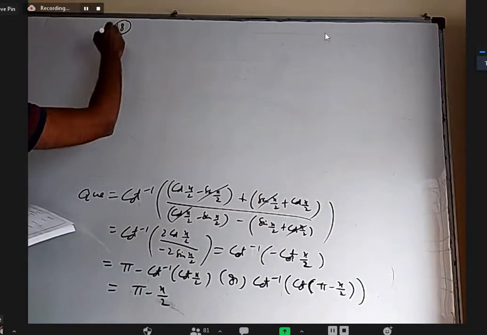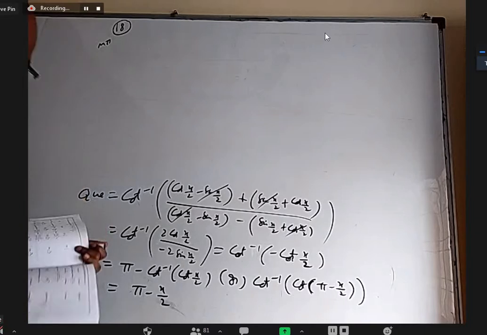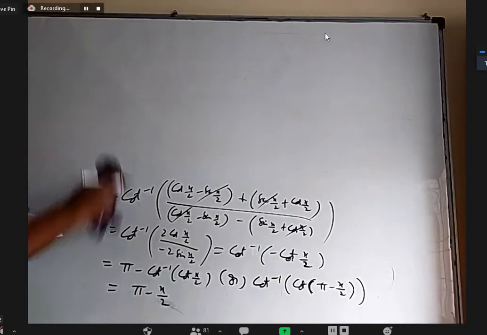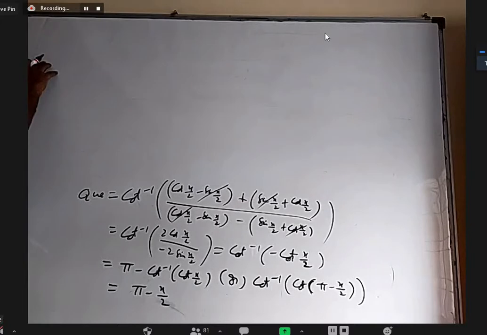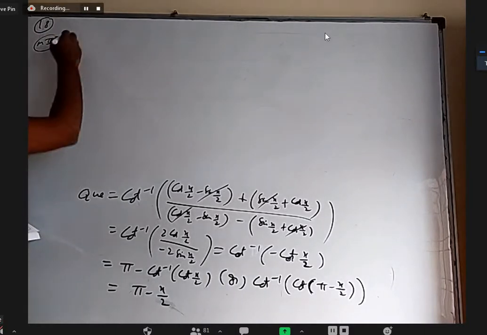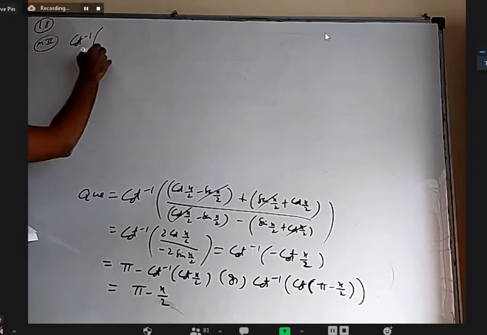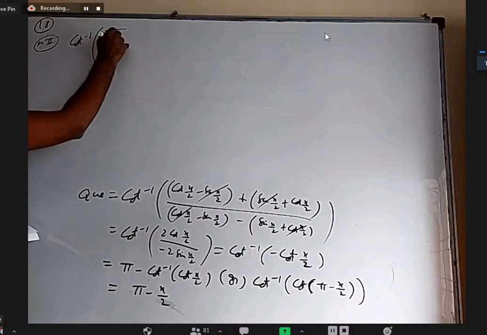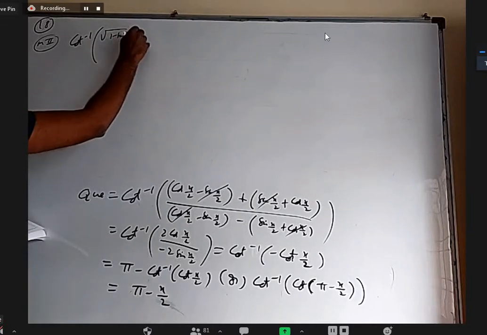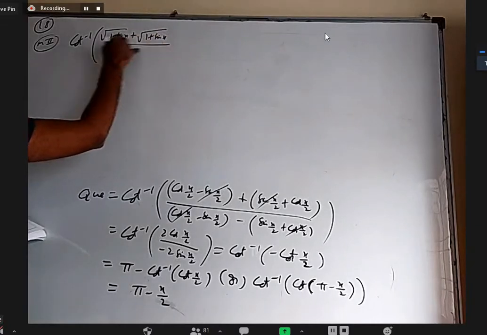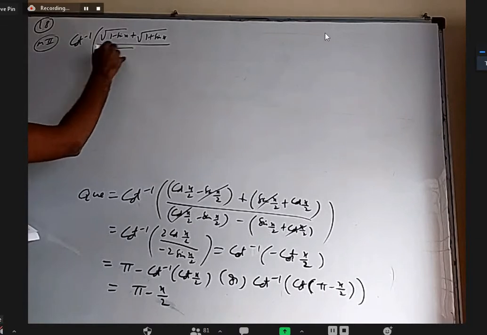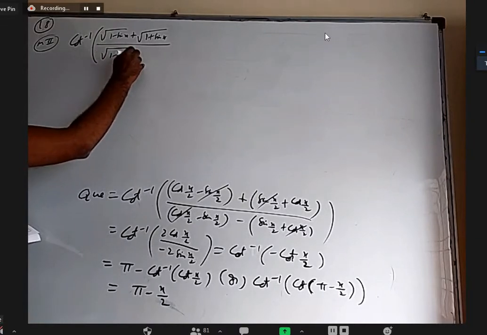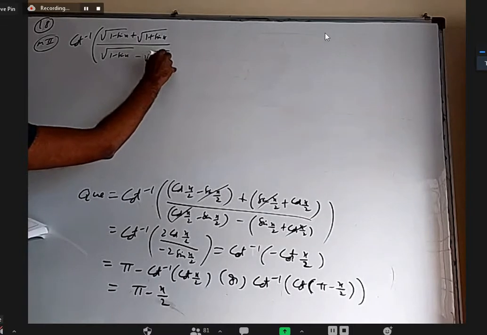Okay, 18, method 2. To write a little bit of expressions here: cot inverse of root over 1 minus sin x plus root over 1 plus sin x, by root over 1 minus sin x minus root over 1 plus sin x.